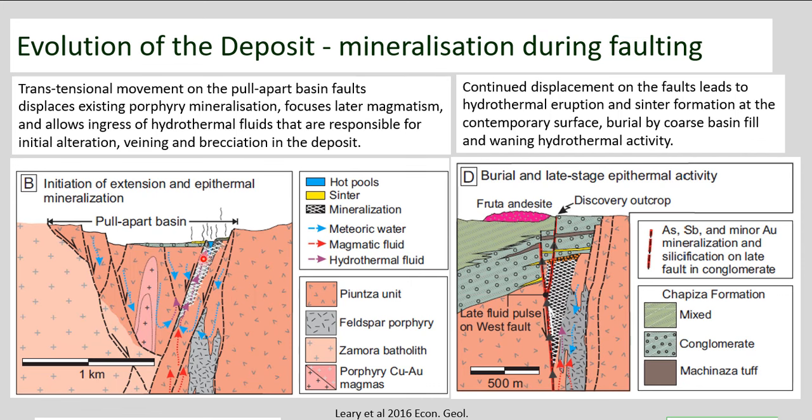So you can see it's bound by one of the graben faults, and those faults are disrupting the volcanics and the intrusion, which is the darker orange and the pink unit there. So the basement, the existing rocks, are being disrupted as this basin starts to develop, and then in the right-hand diagram, you can see as the basin develops, the hydrothermal system extends up into the sedimentary rocks of the pull-apart basin, and where it says discovery outcrop, that is where Steve Leary first found mineralization.